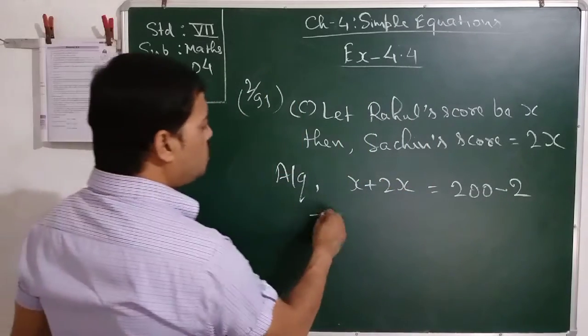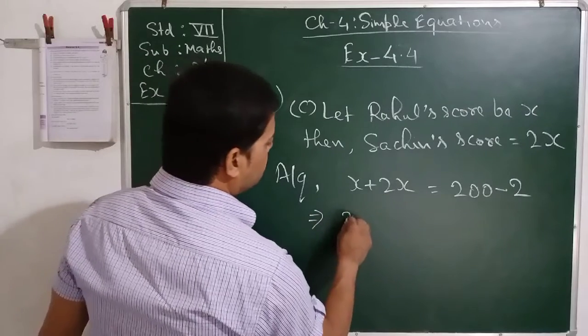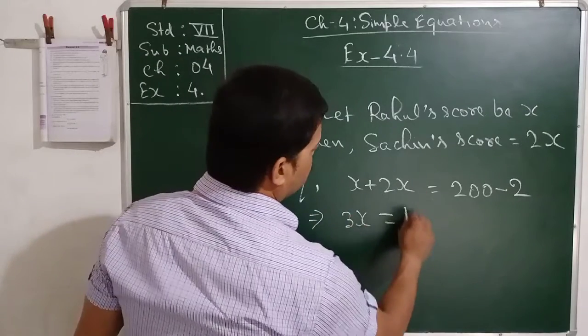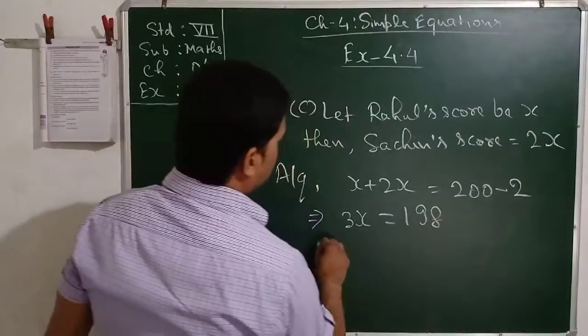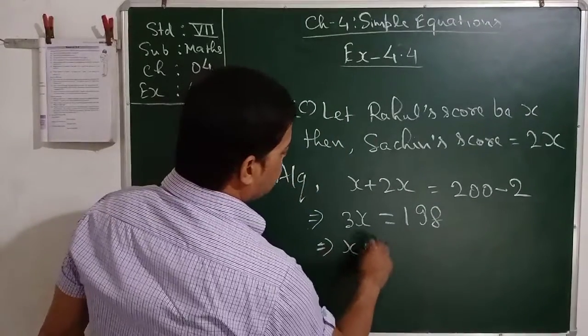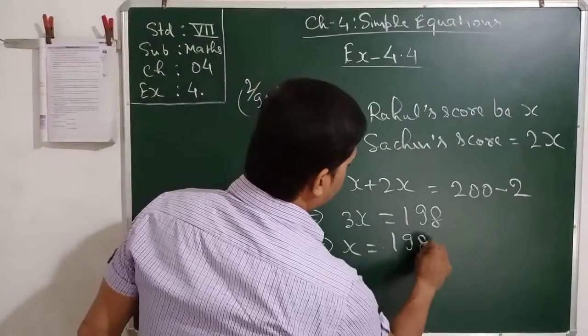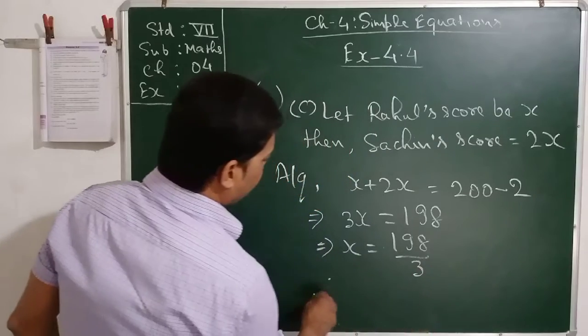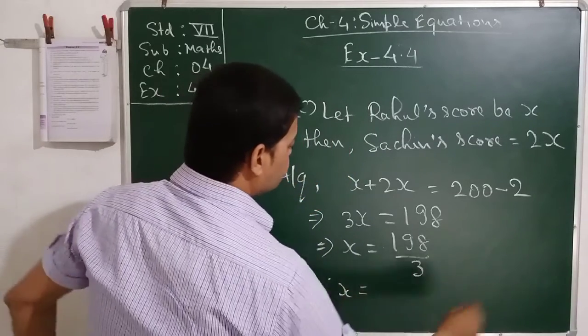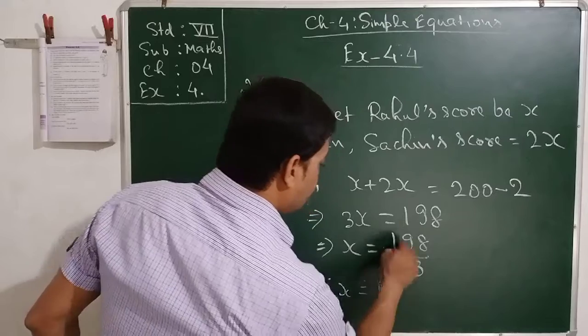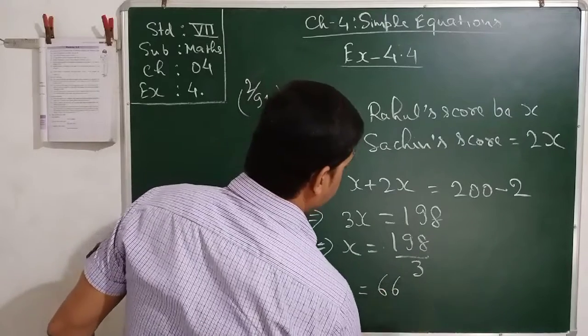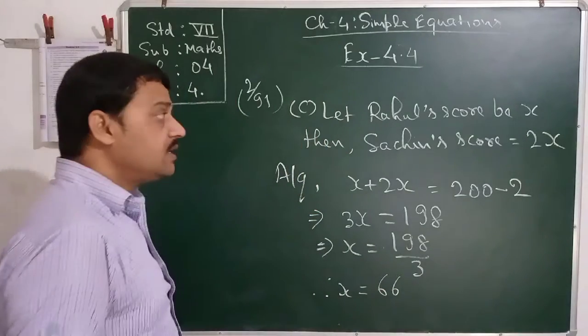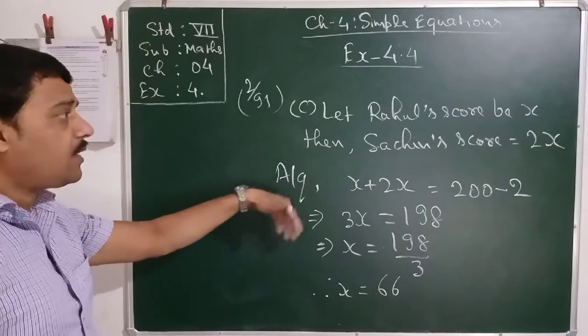Now of course you can solve the sum yourself. 3x equals 198, so x equals 198 by 3, therefore x equals 66.